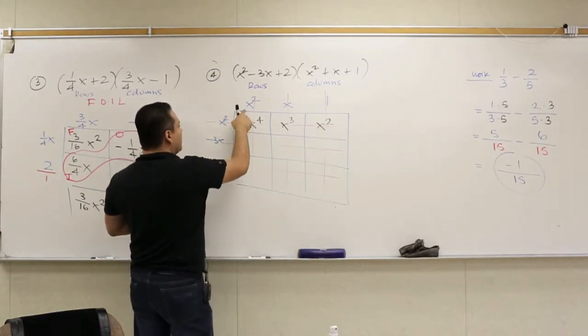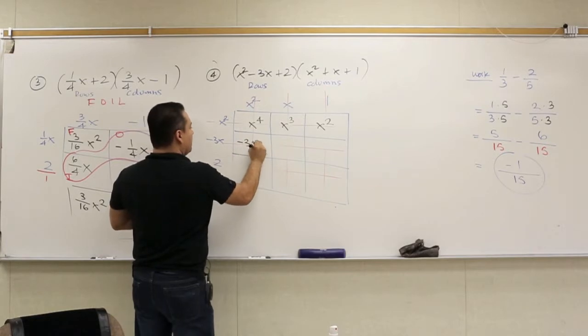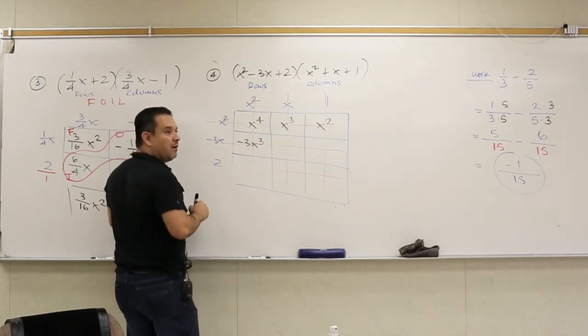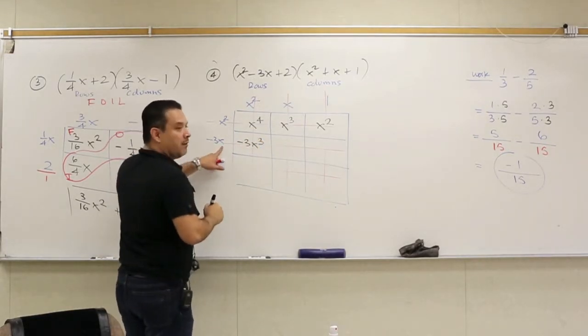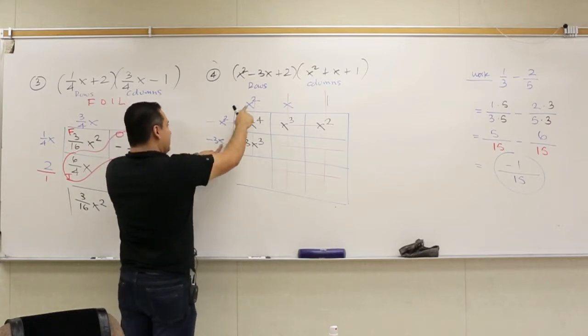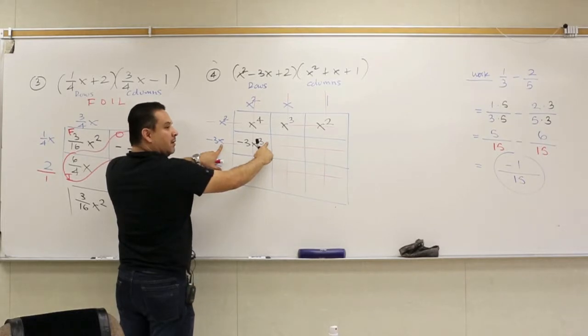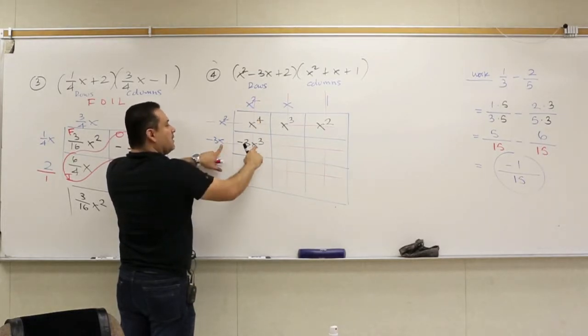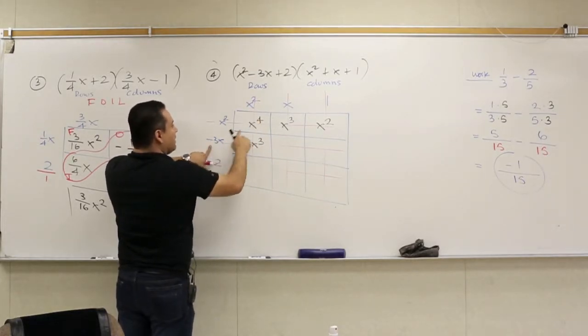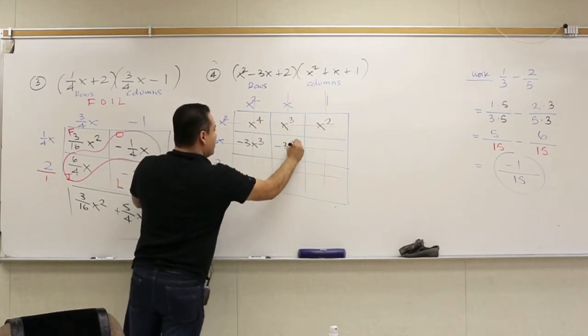Minus 3x times x squared. Is it minus 3x to the third power? Why is that the third power? We're adding the 1 with the 2, right? So we got 3. I got 1x and I got 2 more, makes it 3. Then what's minus 3x times x? Is that minus 3x squared?